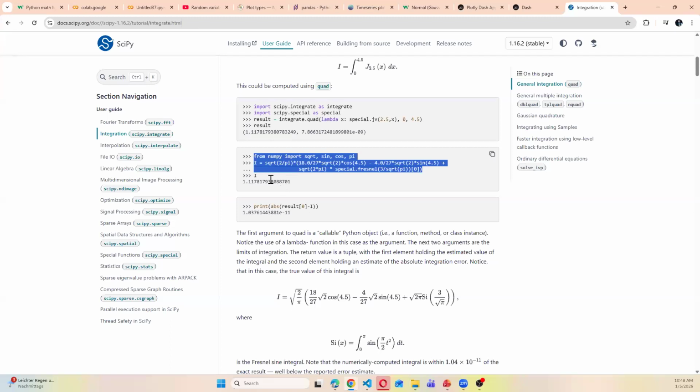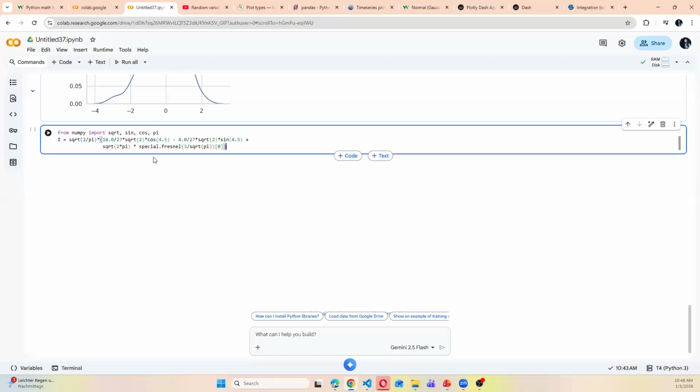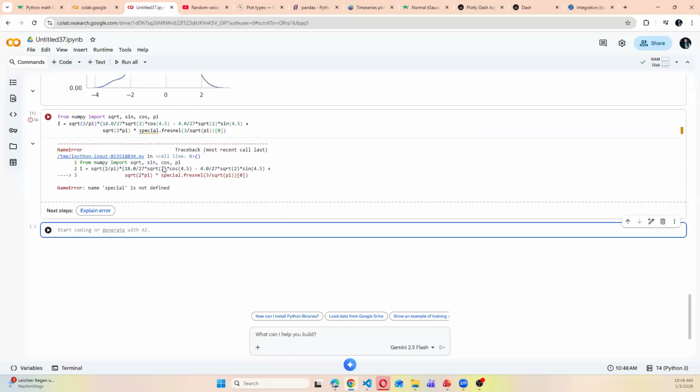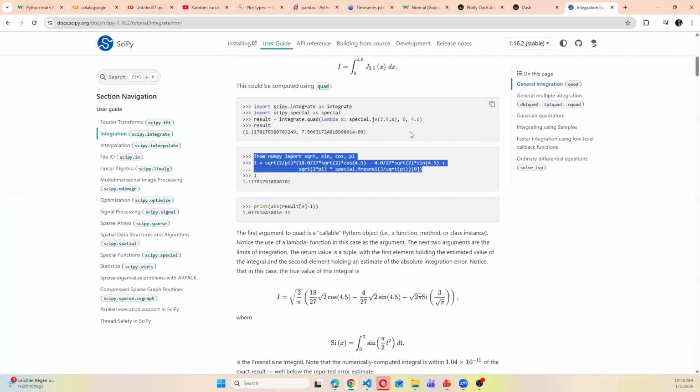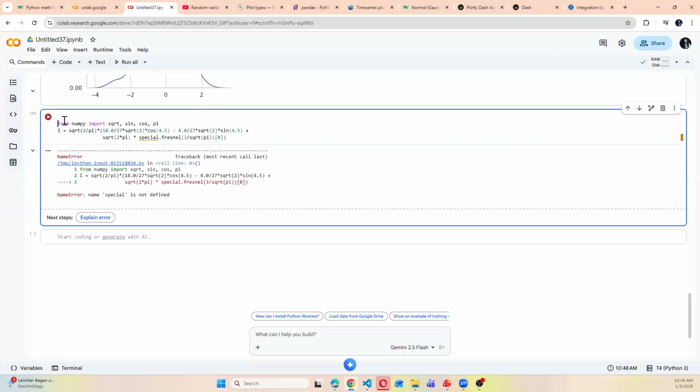Now, if I copy this one and put it here and run it, special is not this special. Why? What is this? Special is here. There are some special characters. Let me copy paste this one also here.